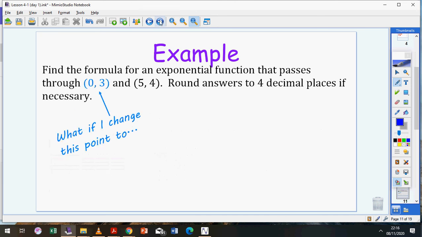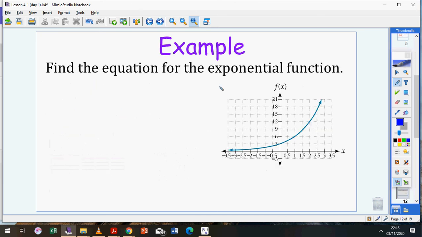All right. Find the equation for this exponential function. This exponential function has been graphed, and I simply need to find its equation. So this point here is the point x is 0, y is 3.